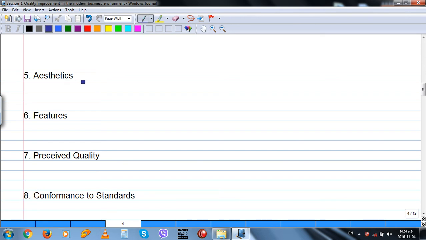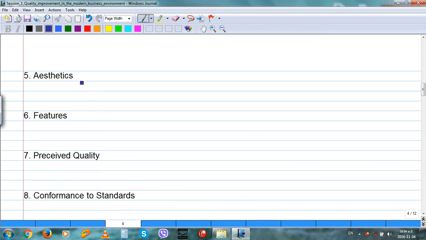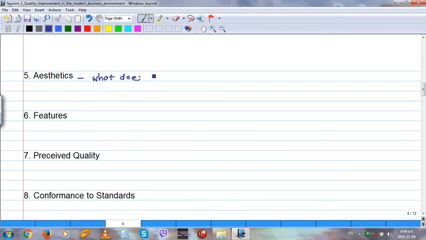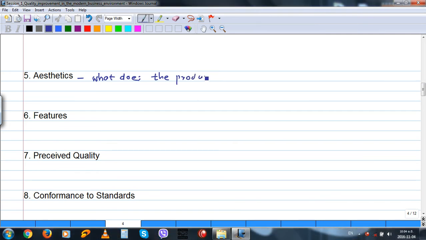First we look at the style, color, shape. Those things belong to aesthetics. So aesthetics means what the product looks like.